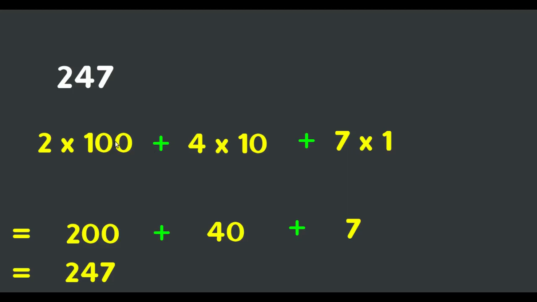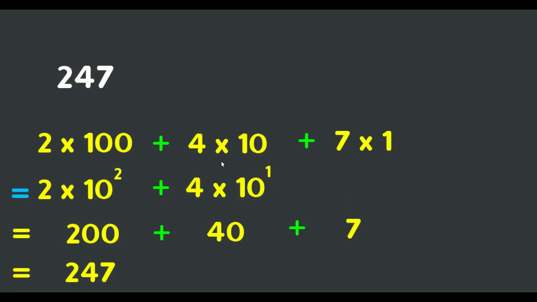Now let us observe a very important and crucial thing in this calculation. This particular expression can be written differently. Here, instead of writing 2 into 100, we can write 2 into 10 into 10, and that can be converted to 2 into 10 power 2.